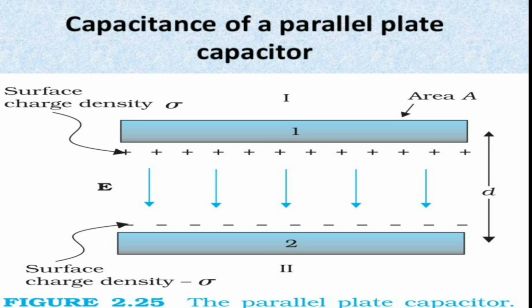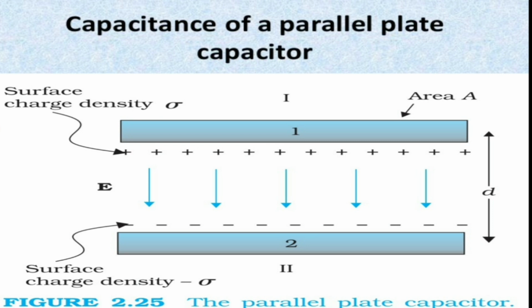Now we are going to find the expression for the capacitance of a parallel plate capacitor. The diagram shows a parallel plate capacitor which consists of two conducting plates of the same area and same dimensions separated by a distance d, and we are assuming the charge densities of the plates to be sigma.